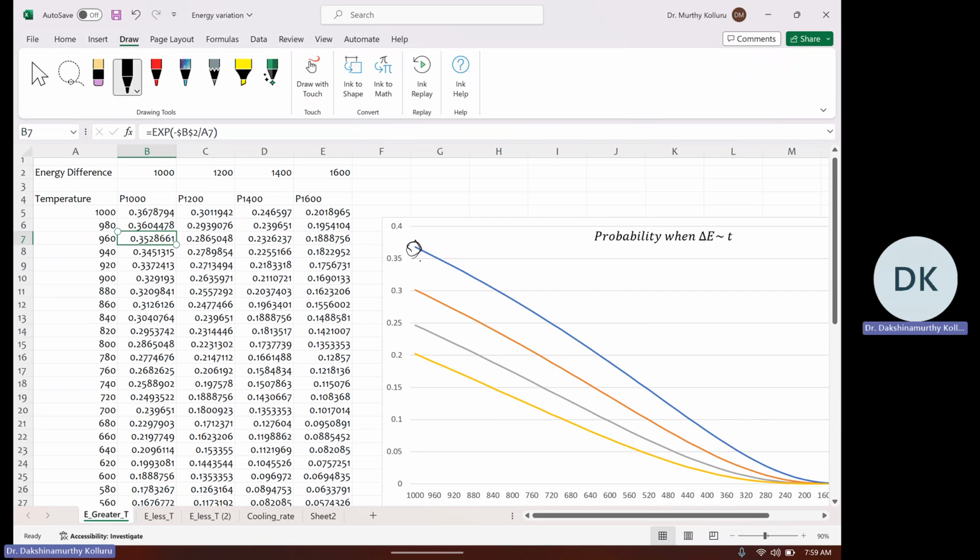Then as I reduce the temperature, the probability that I accept the solution comes down. At very low temperatures, the probability is so low that I don't accept bad solutions most of the time. I reject them. So the function that we created has these beautiful properties.